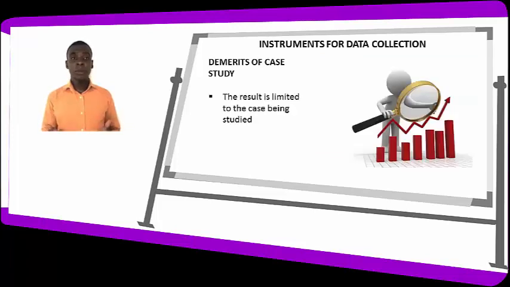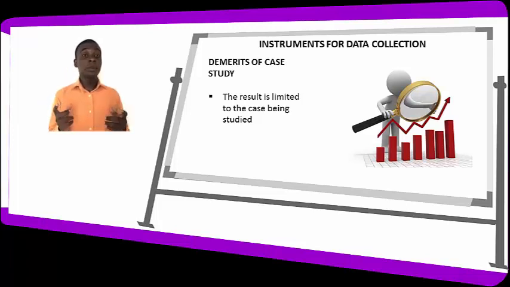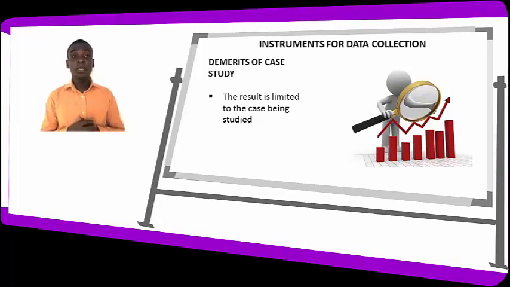And number three, the result is limited to the case being studied. The result we get from the case study is limited to only that case that is being studied. I gave you an example the other time that we want to carry out a research on primary schools in Lagos State, and we are narrowing it down, we are bringing out a case study by saying that we are using a specified local government in Lagos State, which is Etiosa local government.